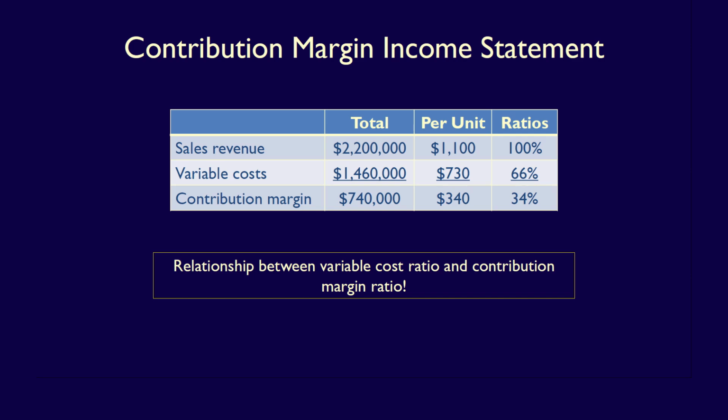If we take the 100% of the sales revenue and deduct the 34% of the contribution margin ratio, we get the variable cost ratio of 66%. If we take the sales revenue of 100% and deduct the variable cost ratio of 66%, we get the contribution margin ratio of 34%. Therefore, if a question provides you with either the variable cost ratio or the contribution margin ratio, you can always calculate the other.